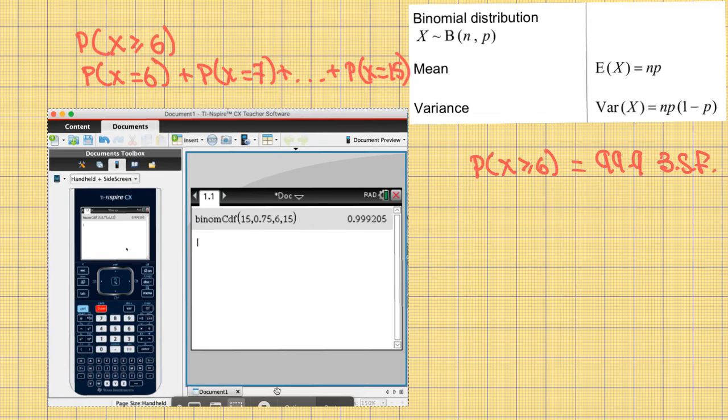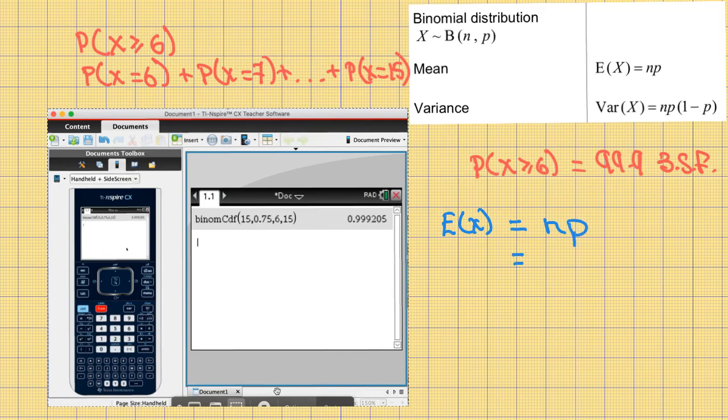We might also be expected to find the expected value of x. And that's just another way of saying the mean. So we might be asked to find if the dice is rolled 200 times, how many sixes would we expect? And the expected value is equal to the number of trials times the probability.